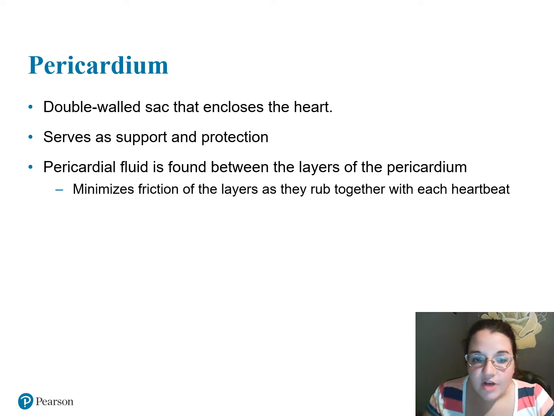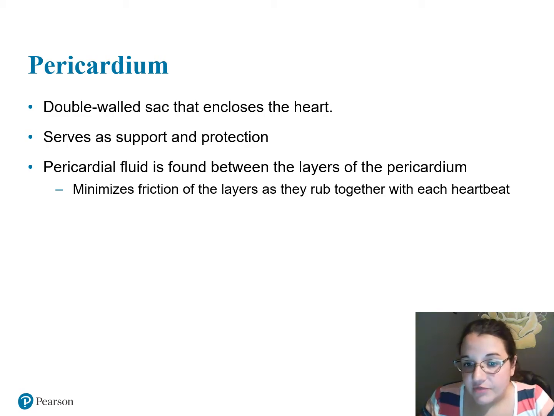So when you peel the hard shell, sometimes that clear sac will come off with that hard shell, or sometimes you have to break it to get that clear sac off around the egg. This is your pericardium of the heart. It is a double-walled sac that encloses the heart. Its purpose is to support and to protect. The pericardial fluid is found between the layers of the pericardium.